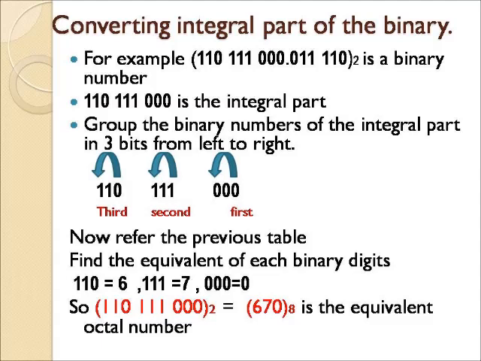Again, after forming the groups of 3, now we refer to the table of octal numbers and corresponding binary digits. We can see that 110 is equal to 6, 111 is equal to 7, and 000, the 3 zeros, is equal to 0.